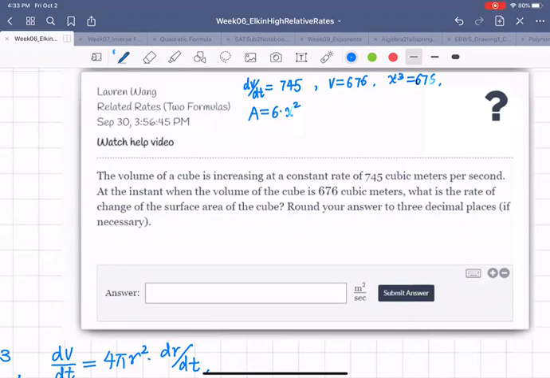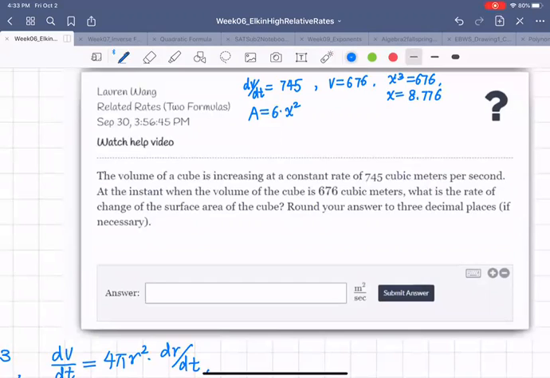But they don't even let you use a calculator on the test, so that's why they did not include any related rates problems. 676 is not really an integer for the cubic root, so you have to use a calculator. All right, so the side is 8.776.